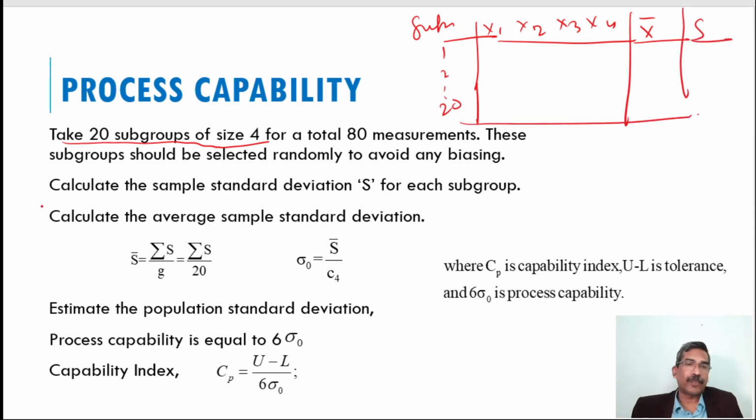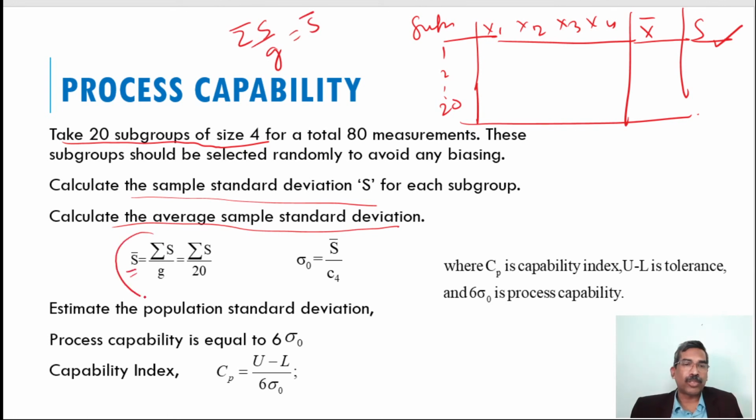After finding this, calculate the sample standard deviation, then the average sample standard deviation. That means S bar is the summation of S divided by G, where G is 20.